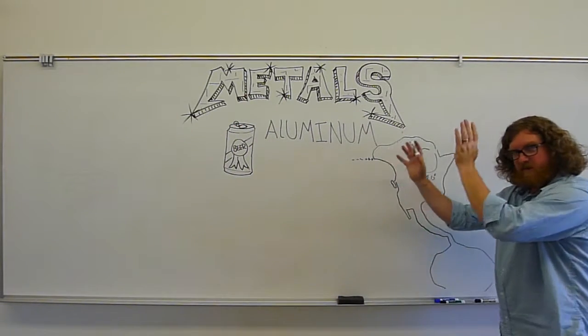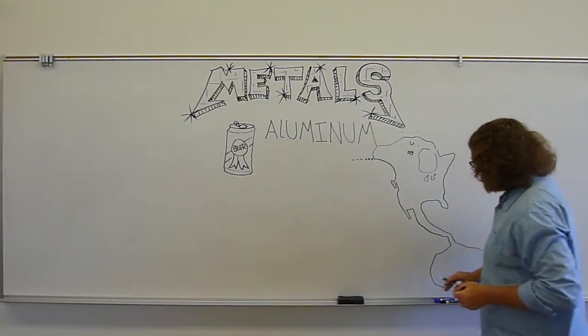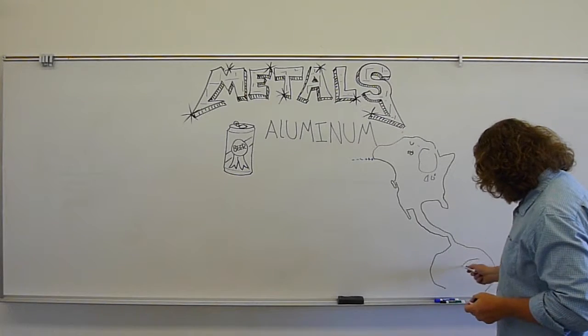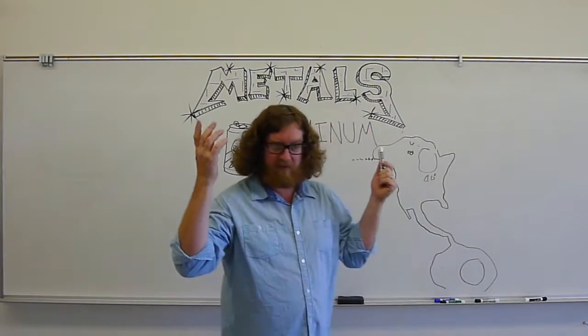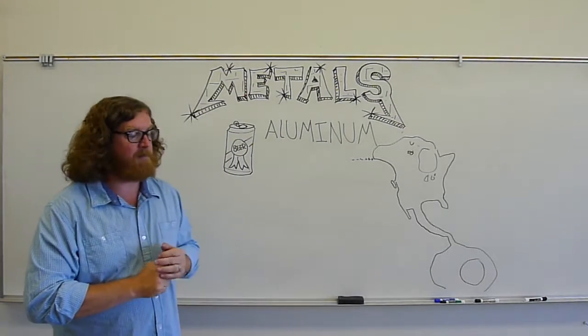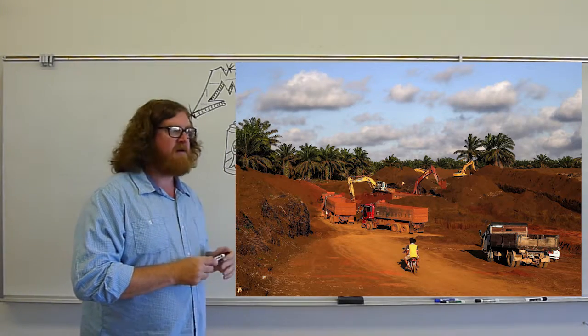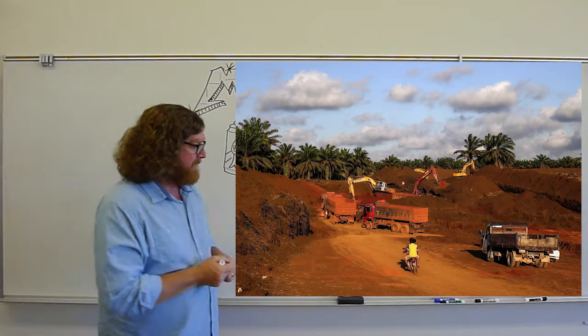So thinking about bauxite and getting from the ore to aluminum, one of the places where we actually mine a lot of this stuff is down here in Brazil. So Brazil, tropical rainforest. You can see this is actually an example of a Brazilian bauxite mine. Everything's oxidized, fairly red, and you can see the machinery in there pulling that ore out.